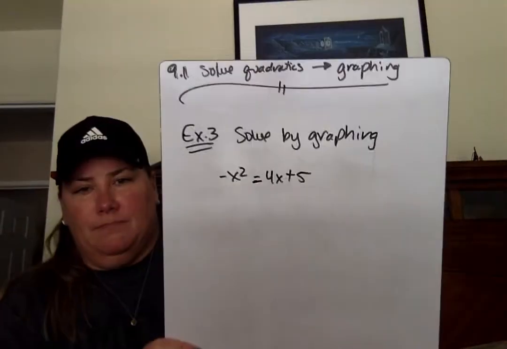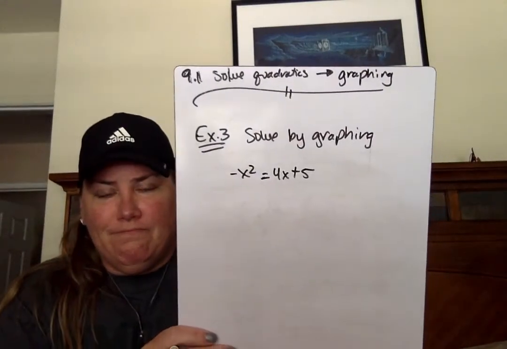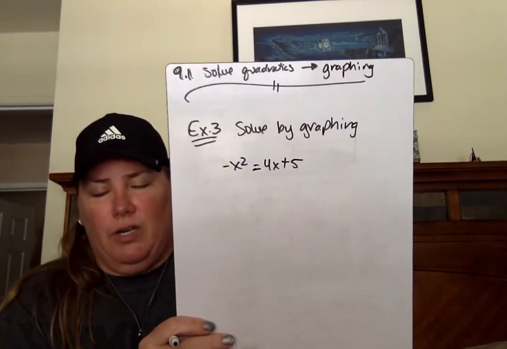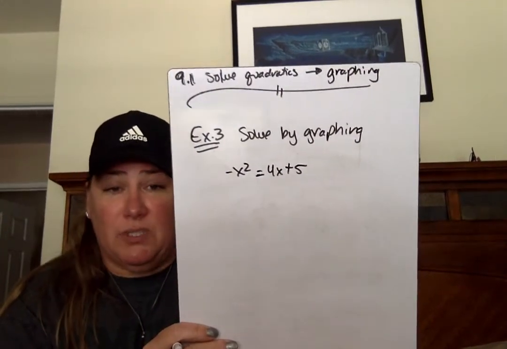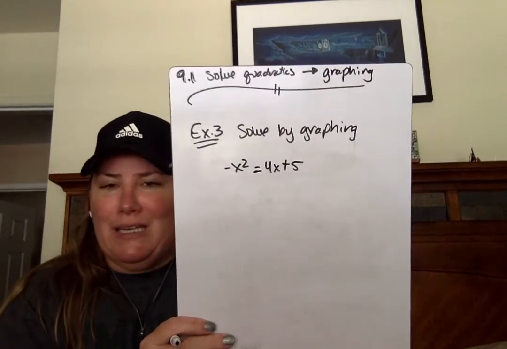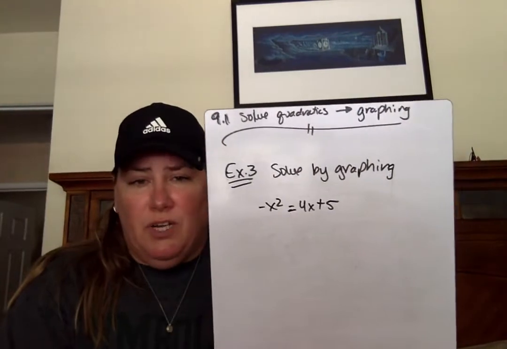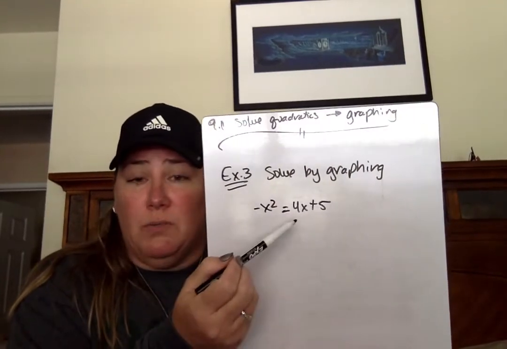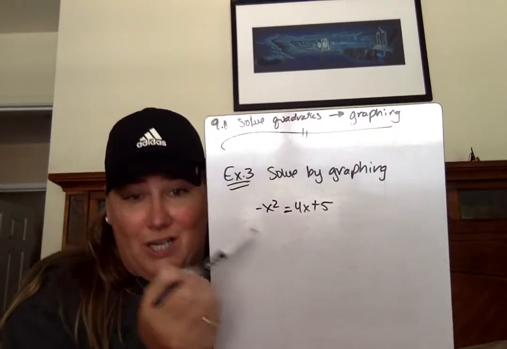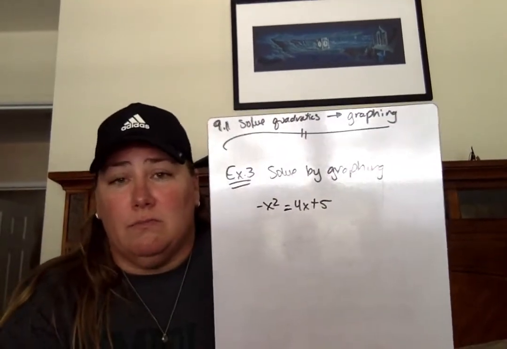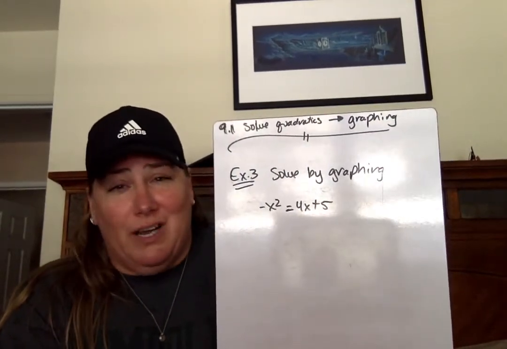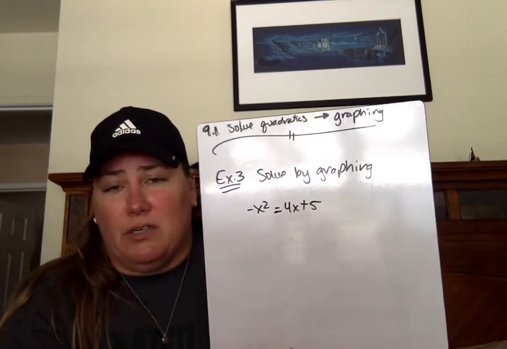So what's my equation? Negative x squared equals 4x plus 5. Again, this is not written in the form ax squared plus bx plus c equals 0, so you need to make it equal 0 first. You have a couple different options. You can either add x squared to both sides, or you can subtract 4x and subtract 5. It's your choice, but to be honest, when I have to move things, I move the fewest amount of terms.